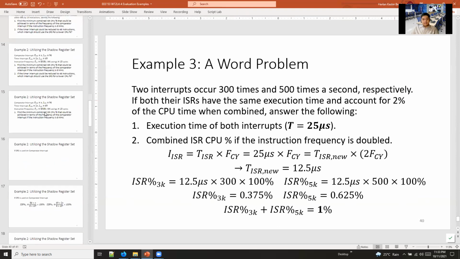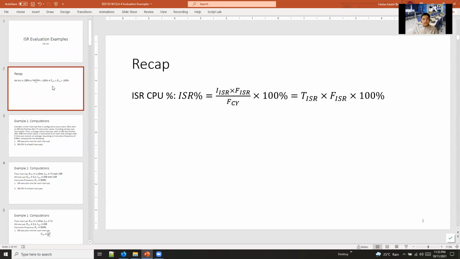Kasi going back, ang equation natin for CPU percentage, nasa denominator si instruction frequency. So, if ginawa mo na yung lahat, wala ka nang magawa, hindi mo na mabawasan yung instruction count, hindi mo na kayang babaan yung frequency or ayun, parang fixed na yung rate nung pag-occur nung interrupt, hindi mo na mabawasan.